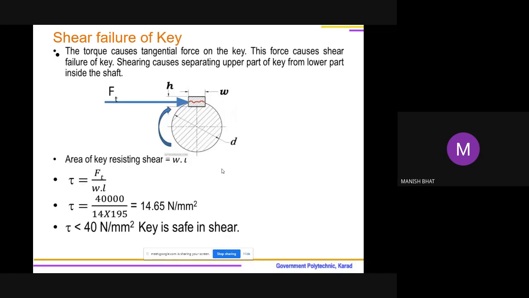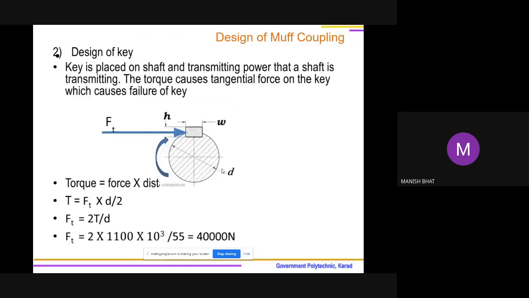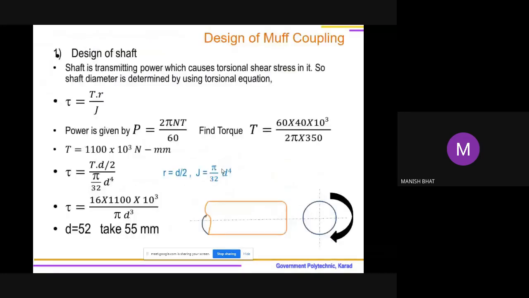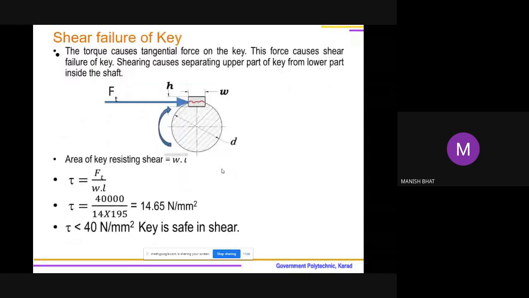This 40 Newton per mm square is the allowable shear stress given in the problem. Yes, the allowable shear stress is 40 MPa, that is 40 Newton per mm square. It means that when we select 14 mm as width and the length as 195 mm, the key is safe in shear. It is not causing shear failure of the key.